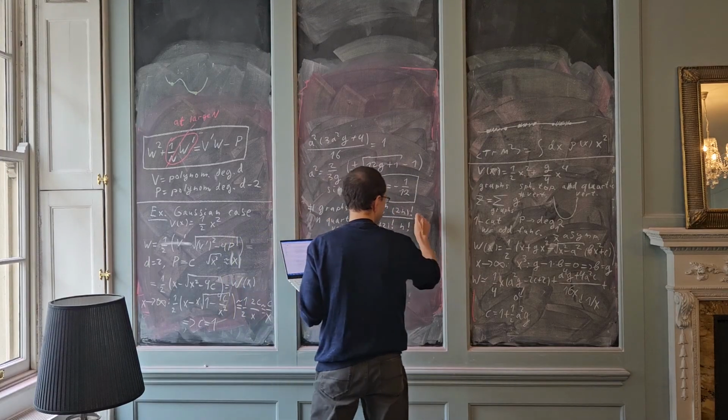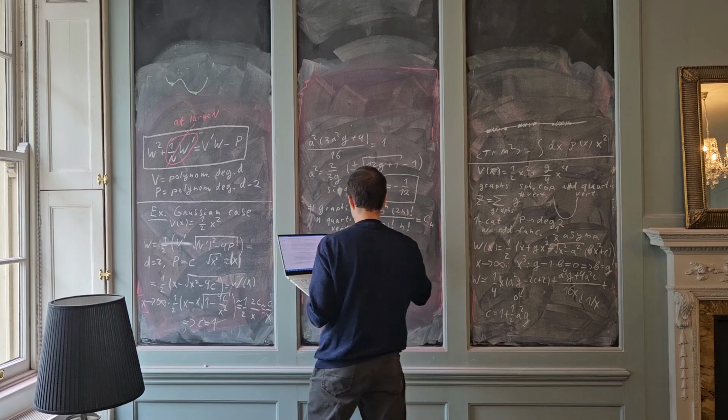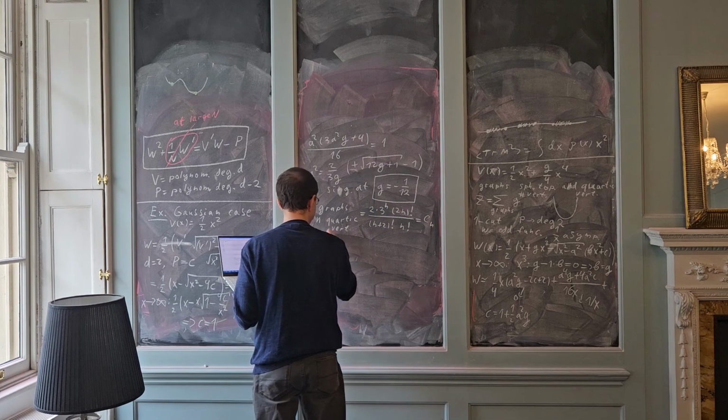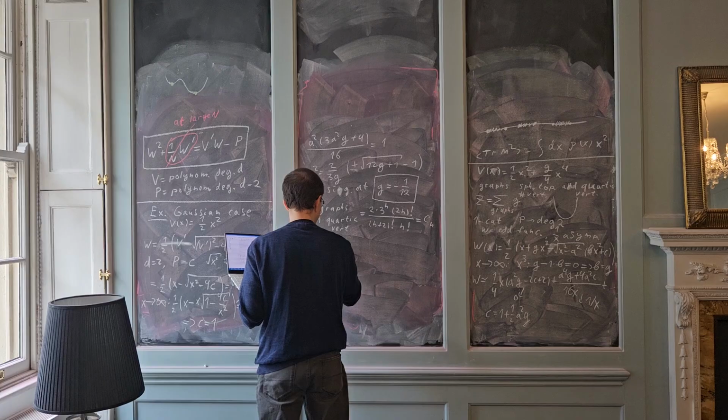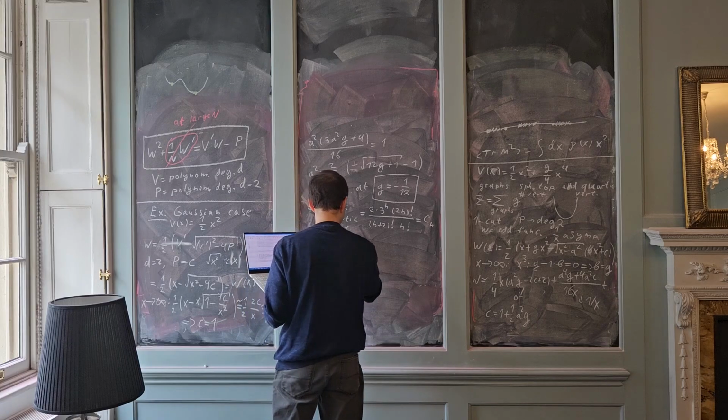Let's call that Cn. So our partition function is the sum over n greater or equal to 0 of Cn g to the n.